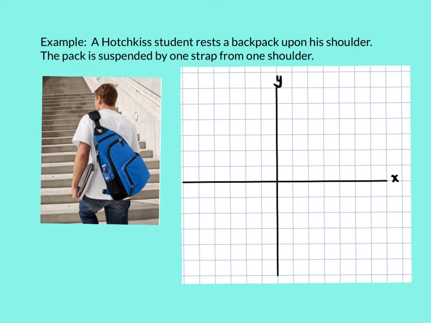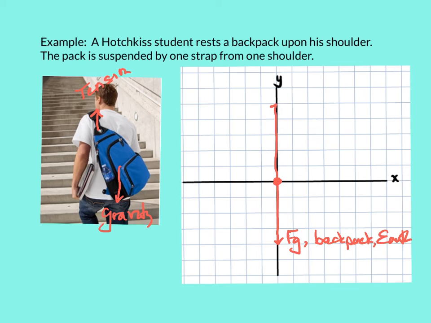How about a Hotchkiss student who's got a backpack on his shoulder? So it looks like we've got gravity, and then some force holding it up, a strap, so we'll go ahead and call that tension. So we draw our backpack, right? And you got your force of gravity on the backpack by the earth.